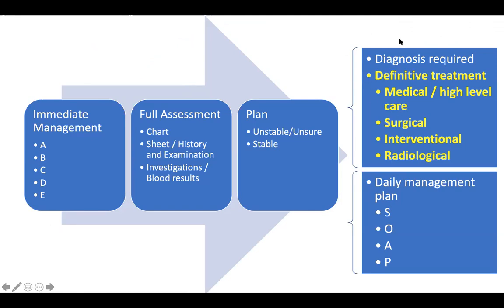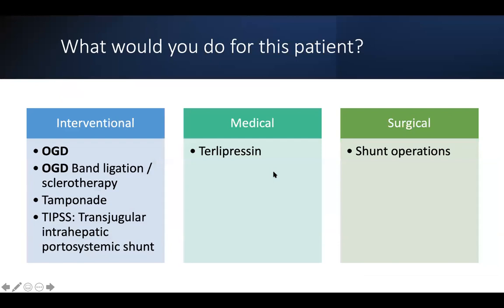You know now the most likely diagnosis, which is probably bleeding varices, and the examiner will quickly ask you about the definitive management. As I told you, you can just divide it like this: medical, surgical, interventional or radiological. I need to think about the level of care that this patient will be admitted to. It will depend upon the patient numbers, of course. So what would you do?